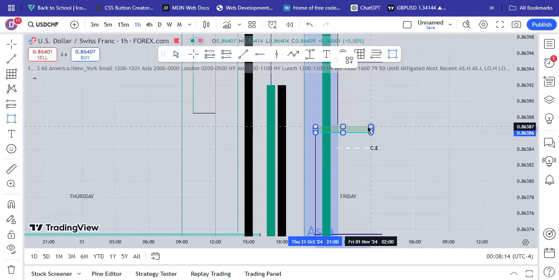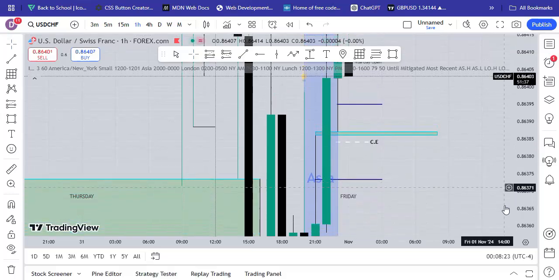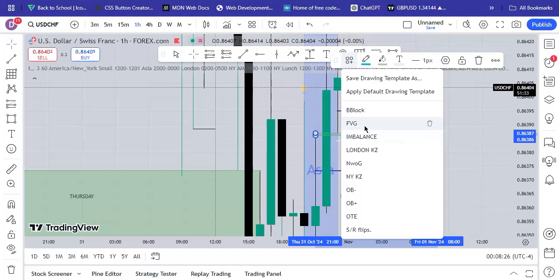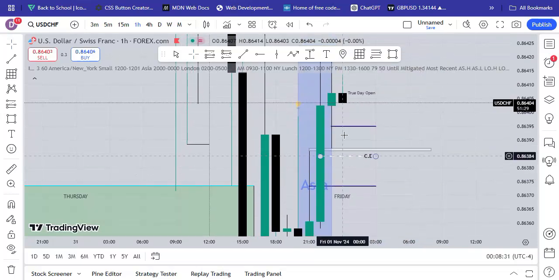So okay, yeah, clean. I have two reasons to want to go bullish now. First, I want to see price respect the consequent encroachment of this implied fair value gap, and I want to see price respect this.